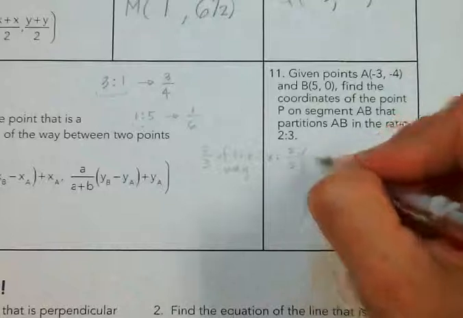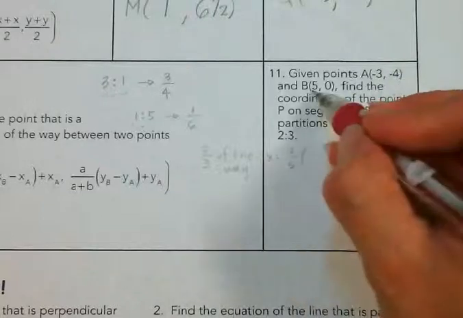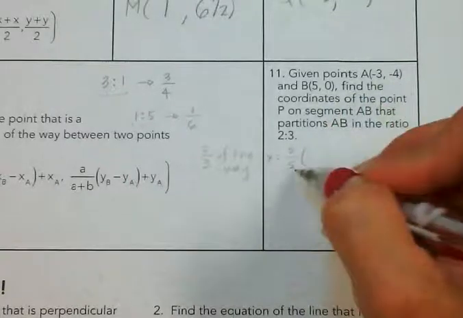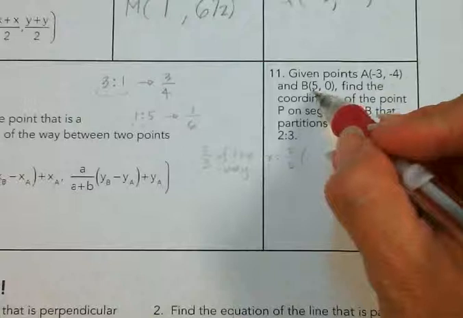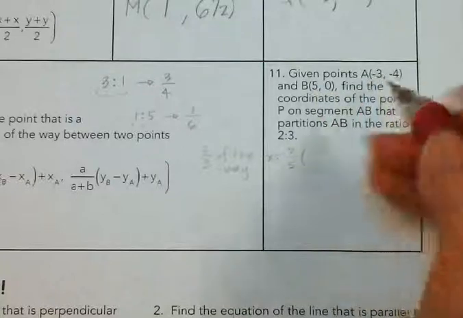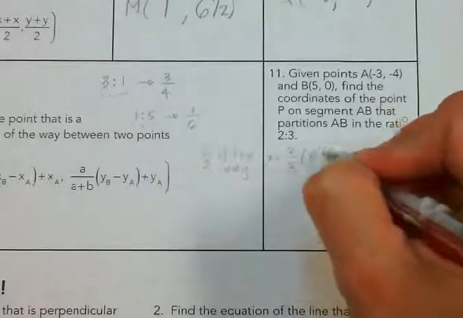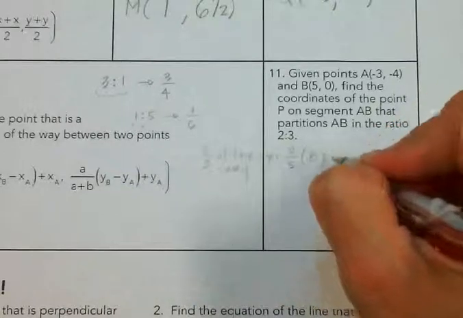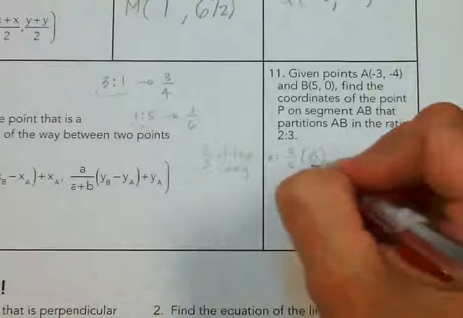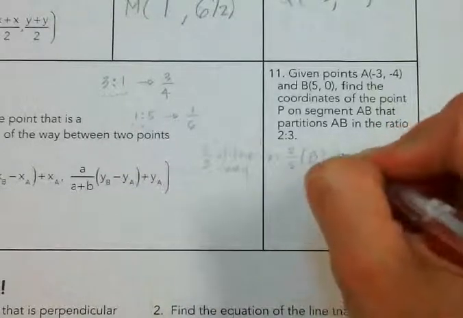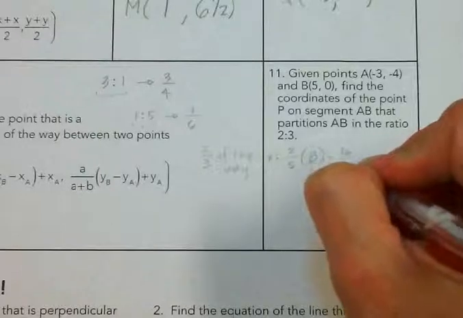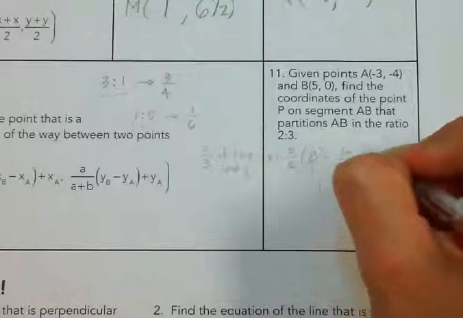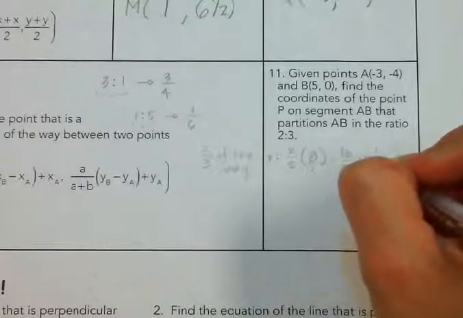2/5 is the fraction. I'm going to do b minus a, but remember I'm doing the x's, so I need to do 5 minus -3. So that gives me 8. And then 2/5 of 8. So if we put this over 1, that would be 16/5. 16/5 is 3 1/5.